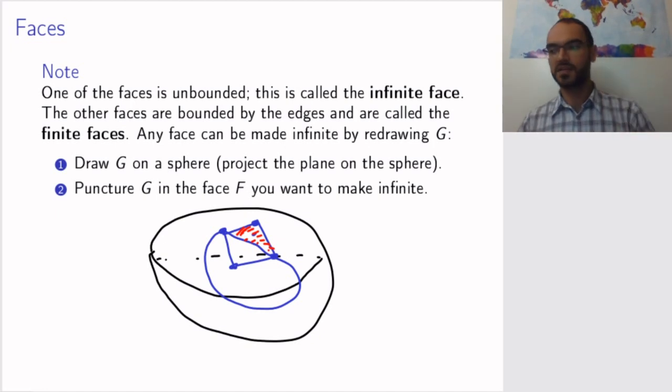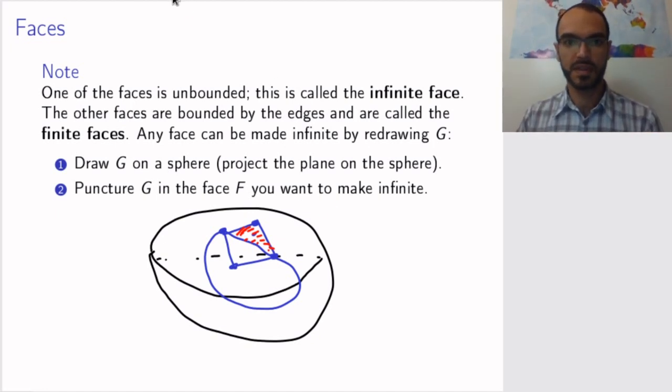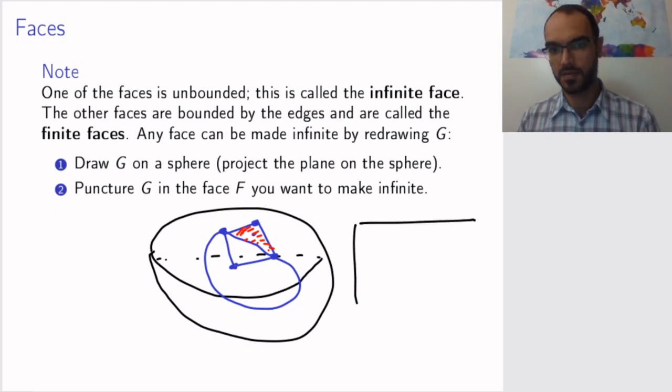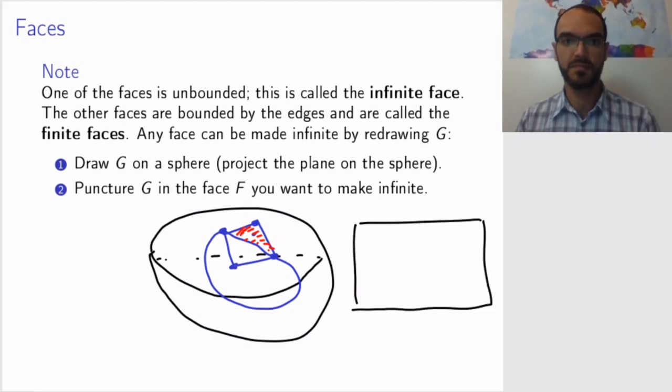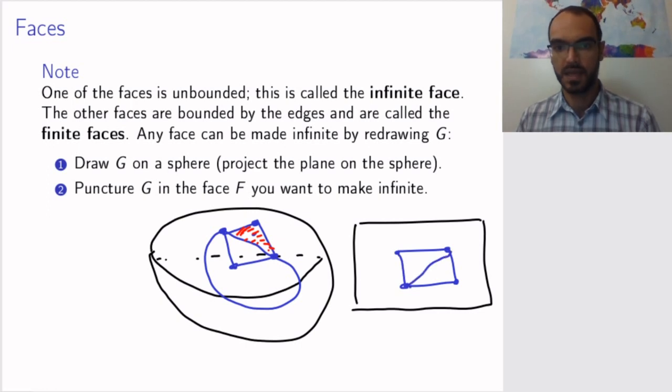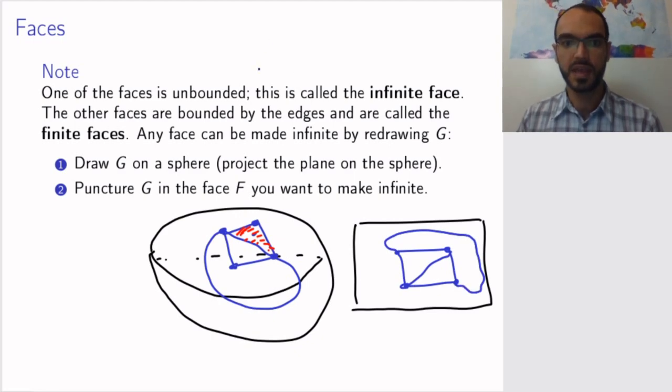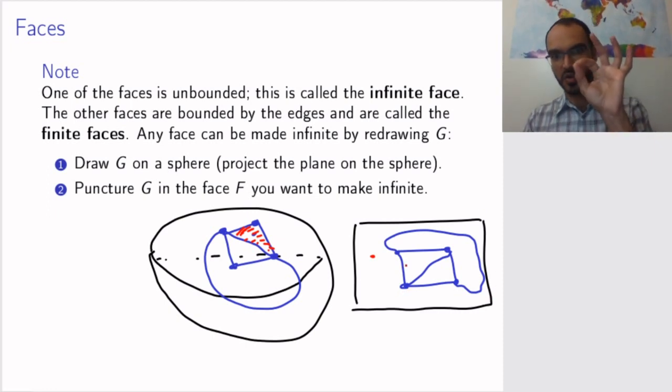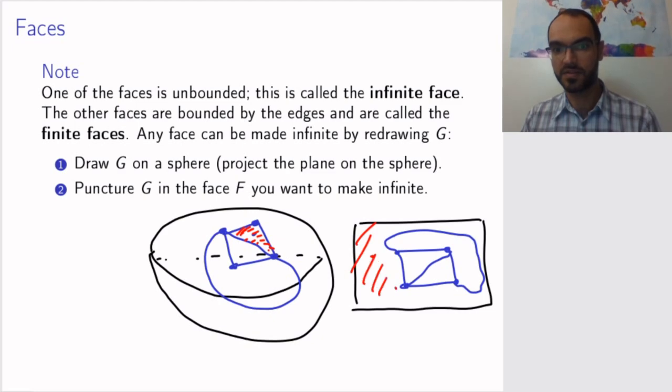And if I puncture this sphere and open it up, what I will in the end get is this plain piece of paper with my graph in some fashion. I'm not very sure about exactly how the lines will go. That depends on how I bend the paper open. But the point is, my point where I punched is now somewhere on the boundary. Rather, I have expanded the hole to be this boundary, and so now this whole thing is my red face.